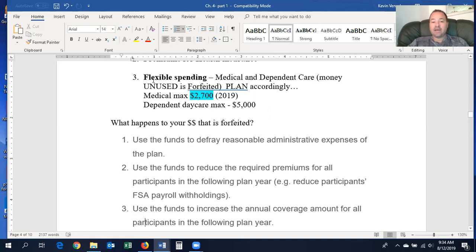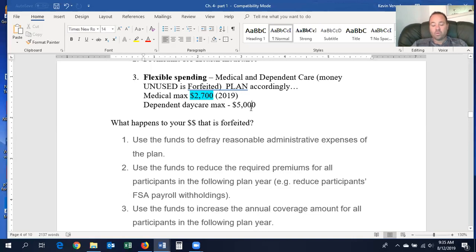Whereas if you didn't utilize a flexible spending of that 1,000, you may only actually get 850 because of the Social Security and federal and state and all the other taxes that come out of your paycheck. So you're losing $150 to pay medical items that you could easily have gotten if you just set up a flexible spending plan.